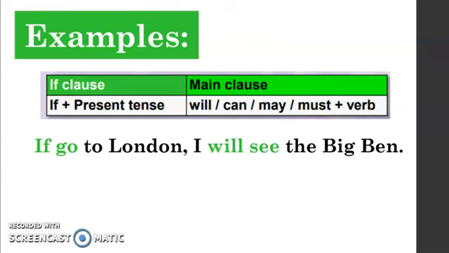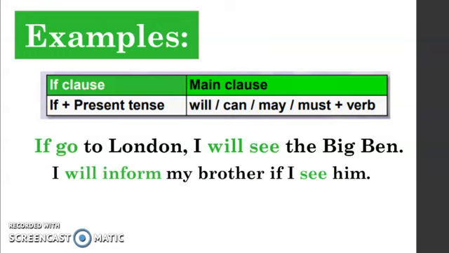Do you think this sentence is an example of a first conditional? Yes, because in the if clause, it uses the present tense of the verb, and then in the second part, we use will plus the verb. Then this is a first conditional. How about this one?